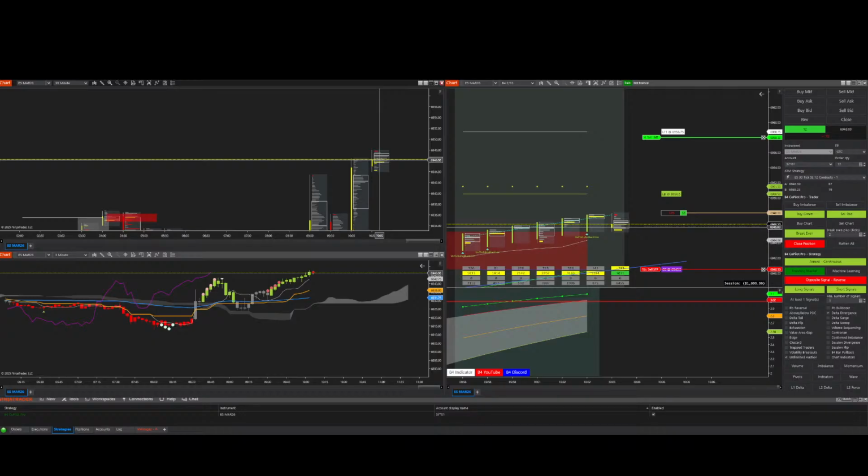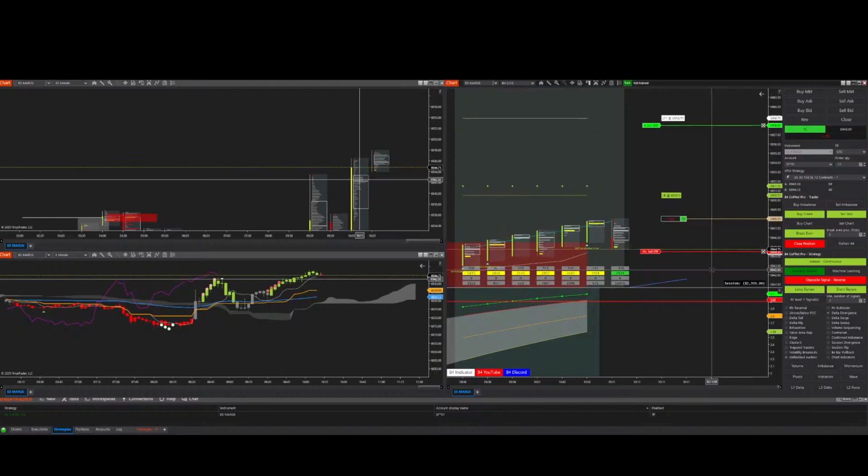The two main things that drive price in the market are fear and greed, Grant. Everything that you're seeing on this chart is a result of one or two things, either fear or greed. Stop filled.